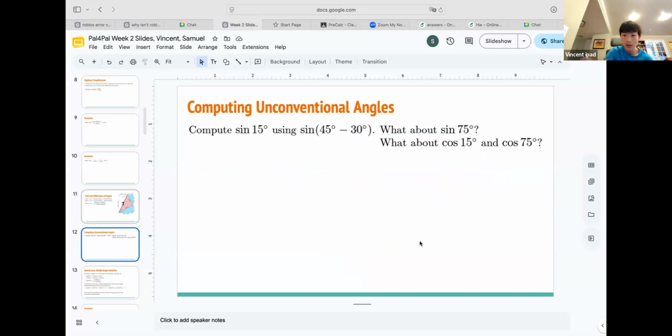Does anyone know how to do sine 75? Somebody that hasn't answered. Actually, I'm going to cold call. I'll give you guys a minute to think about it, though.